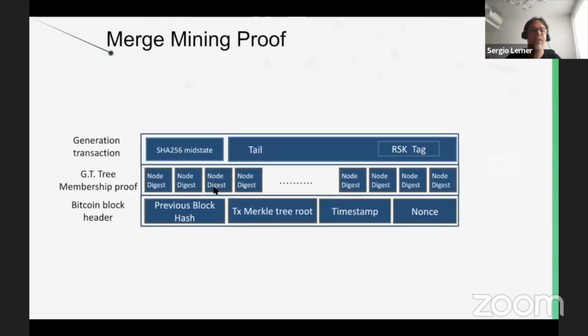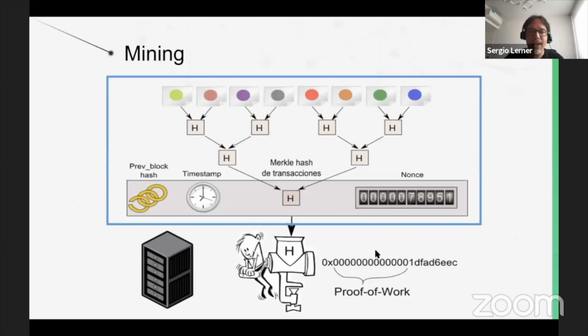But you finally have a small message, less than 1 kilobyte, that proves that these two headers are connected, right? And then you start hashing, right? You start mining. As always, you take your Bitcoin header, you increment the nonce until you get a hash digest with a certain number of zeros, right?